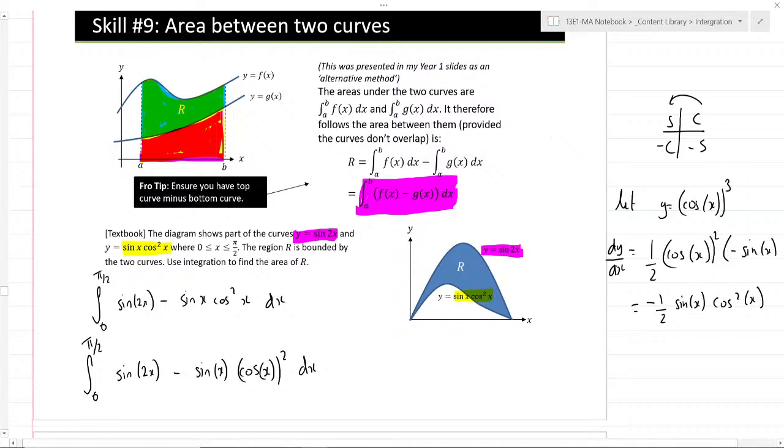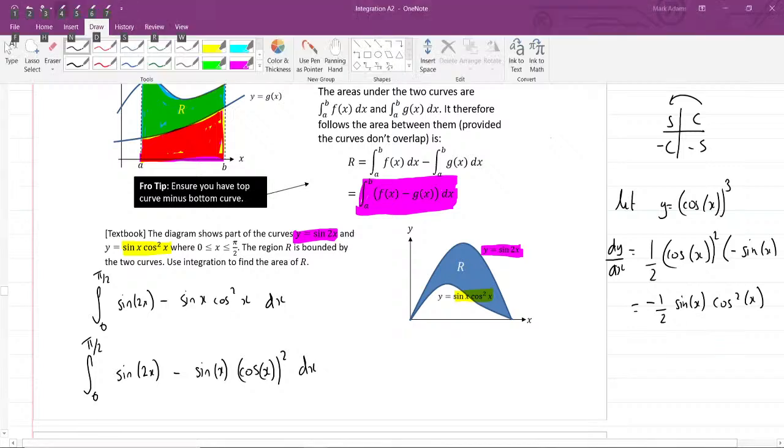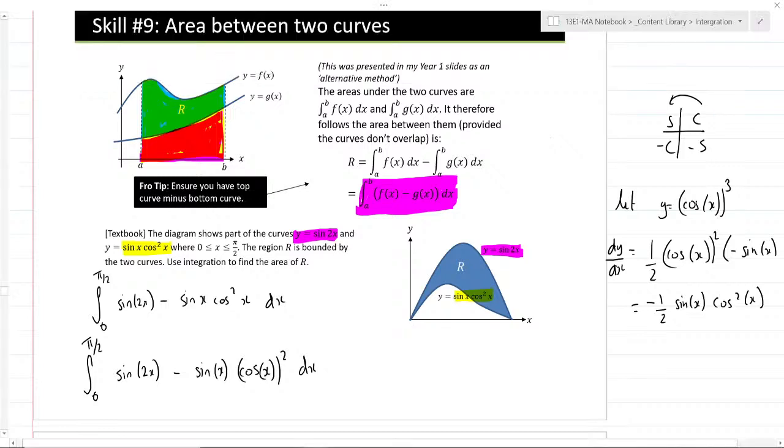Thumbs up, thumbs middle, thumbs down. So what's extra then? There's an extra what? Half. So how do I compensate for that extra half? It's going to be 2. I need to put an extra 2 at the top so it cancels out. Look, what I'm talking about here is how does this compare to this?